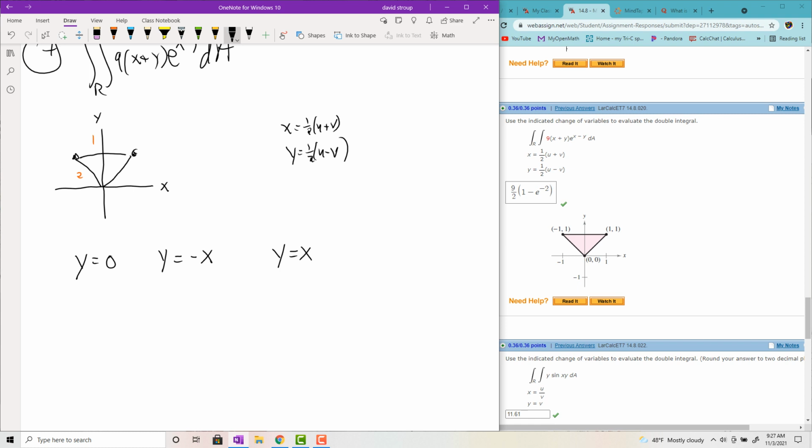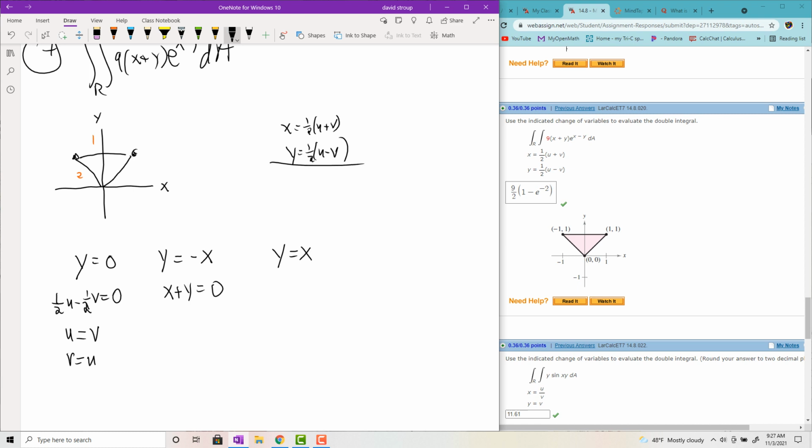Transforming these using this x and y transformation above, we have 1/2 u minus 1/2 v equals 0. So u will equal v, and we want v equals u. V is kind of like the y variable. And then here we have x plus y equals 0.